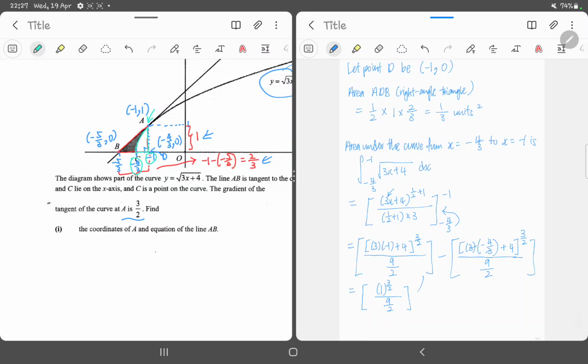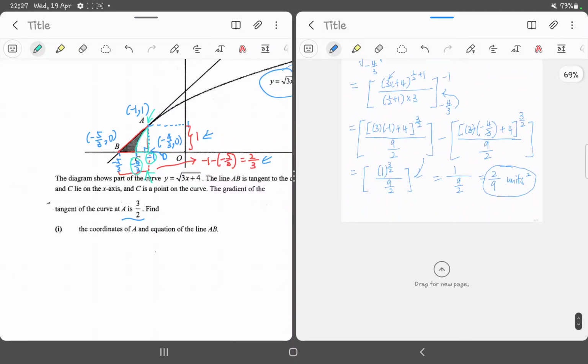So we are left with 1 over 9/2, which is equals to 2 over 9 units squared. Okay, so that's the area under the curve from minus 4/3 to minus 1 as outlined in green over here. So now we're going to take this area ADB, minus this area under the curve outlined in green from minus 4/3 to minus 1. We will be able to get the area of the shaded region ABC.